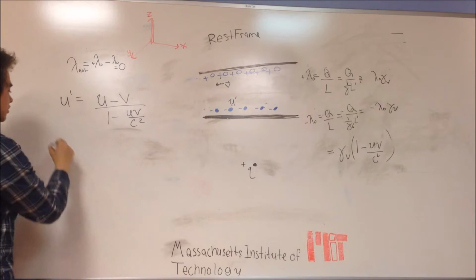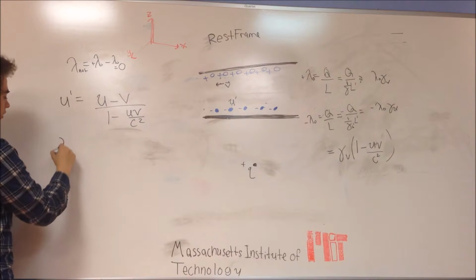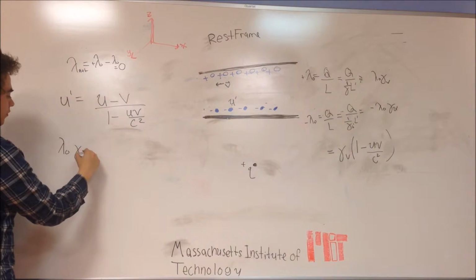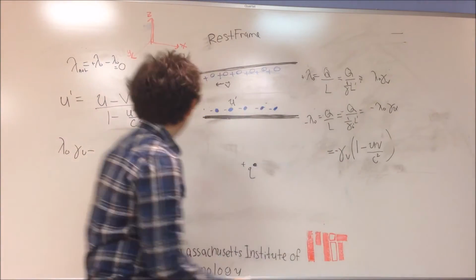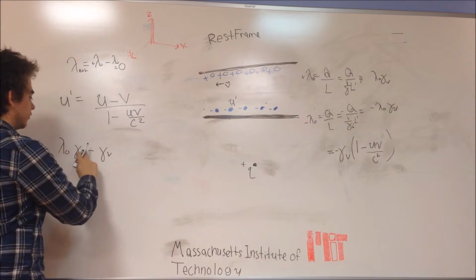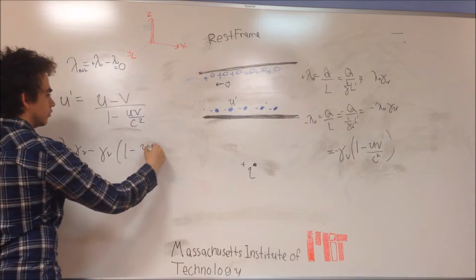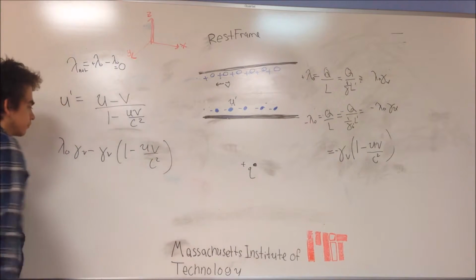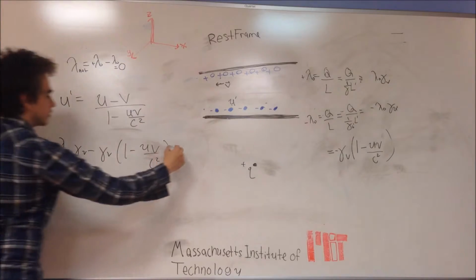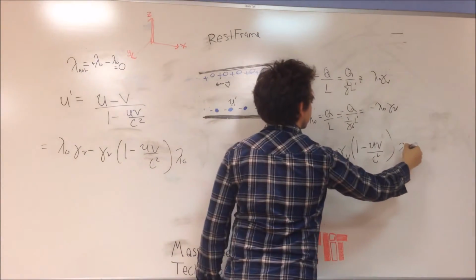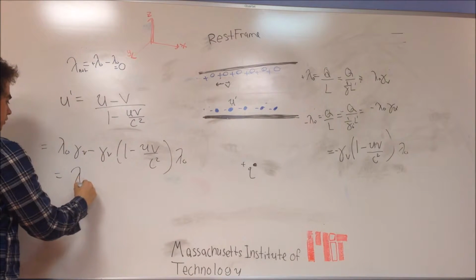But now our net charge density, as felt by this particle, will be lambda gamma v minus lambda gamma v times 1 minus uv over c squared. So we're going to delete the first term, and we're going to end up with this.